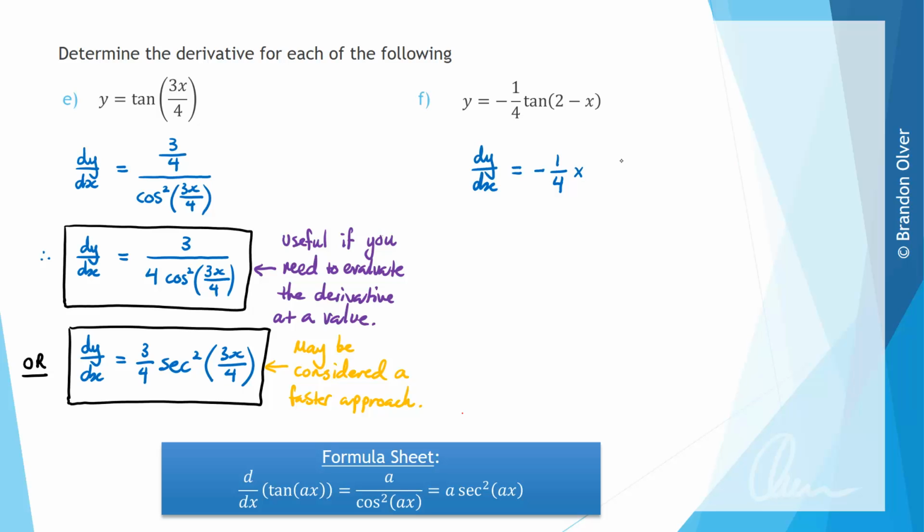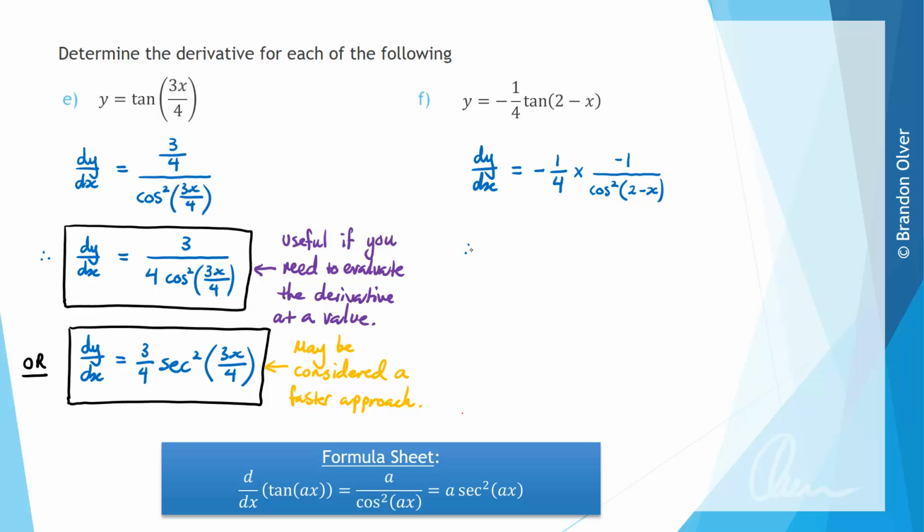So this is going to multiply -1 divided by cos squared of ax, but again, as long as it's linear, we can just put in 2 subtract x, so that whole linear term that's inside the tan function goes there.